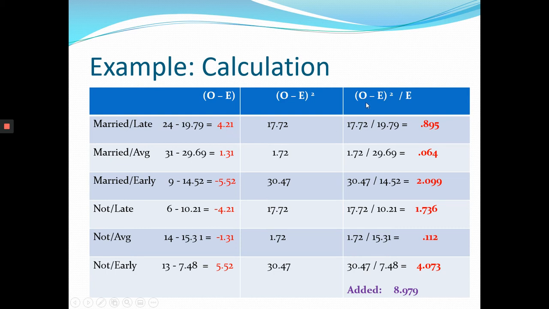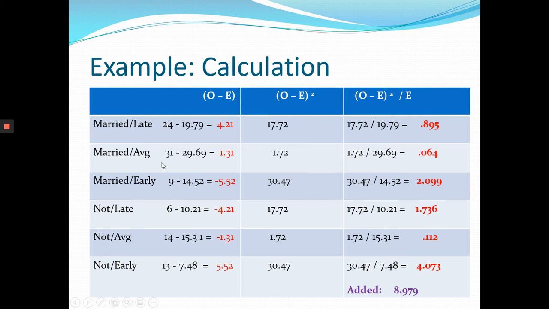And remember, the last thing we have to do for every cell is we have to take O minus E squared, which we have right here, and just divide that by E. Where's the E from? Now we don't have to go to the other table. We see it right here, 19.79. So 17.72 divided by 19.79. For that cell, this value of O minus E squared divided by E is 0.895.